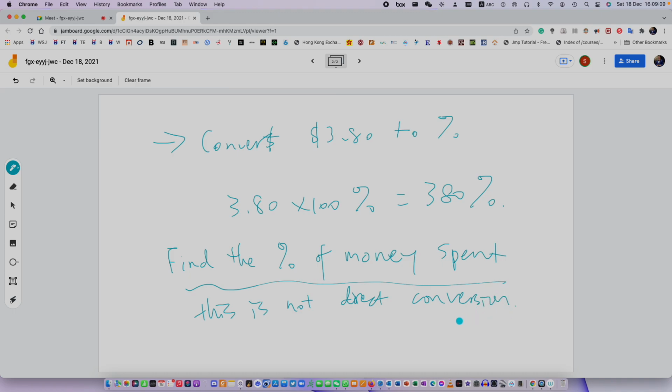You can actually see from the question what it says. Find the percentage of the money spent. If it's direct conversion, they will tell you convert. So if this is not direct conversion, what is this?